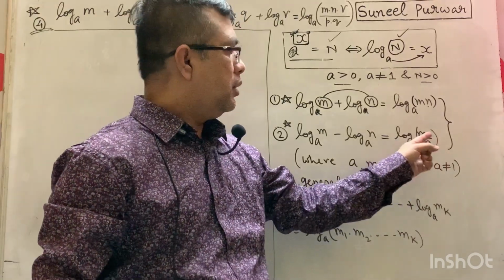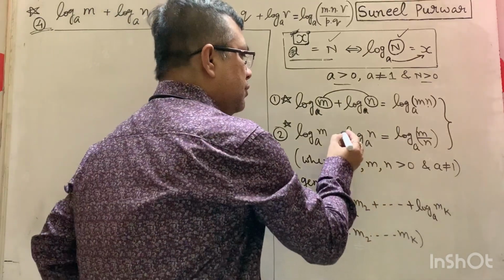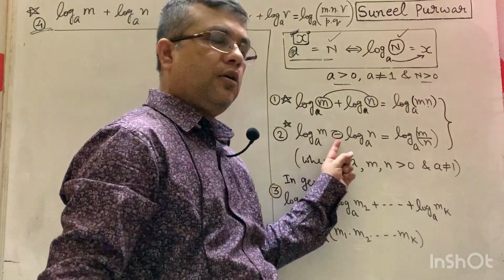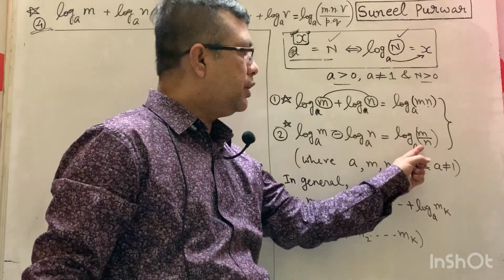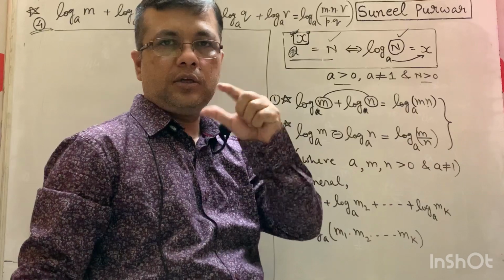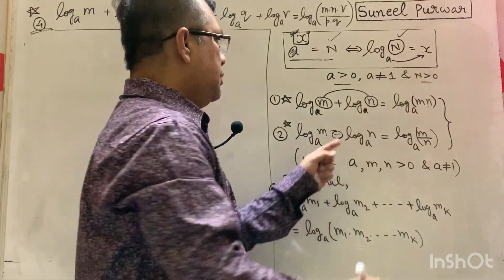Here it is the ratio of those two numbers. And in what way does this ratio come? The logarithm which has a minus sign before it, its number will go into the denominator. This is how you have to observe. So compare this with the previous one.